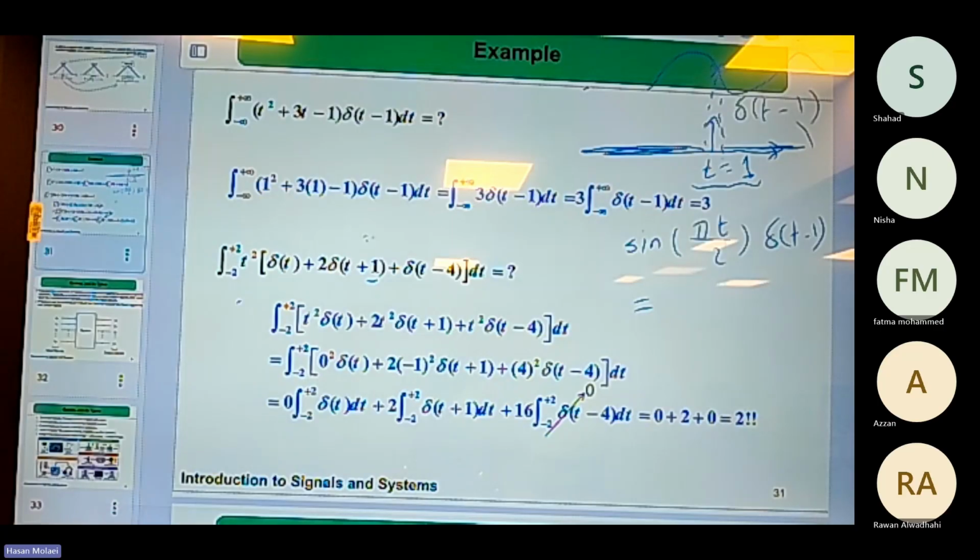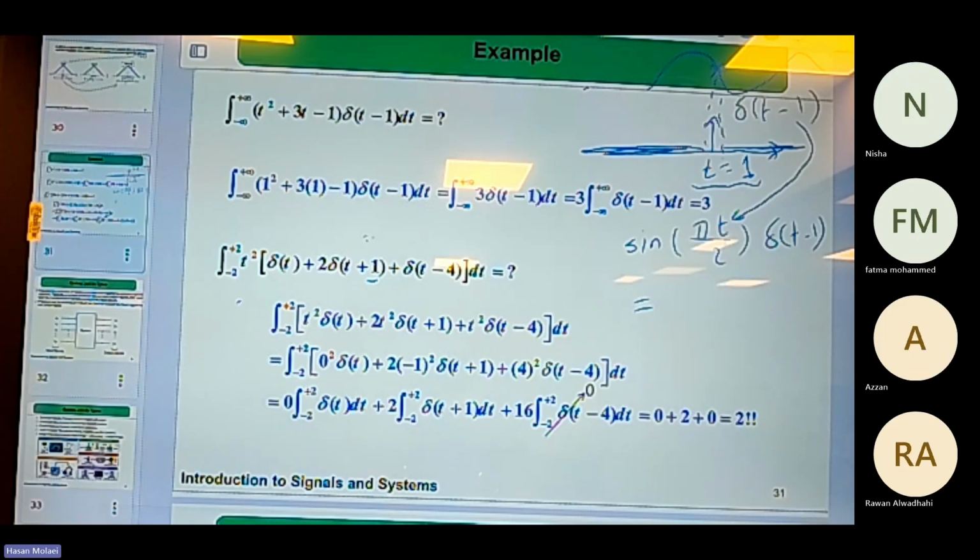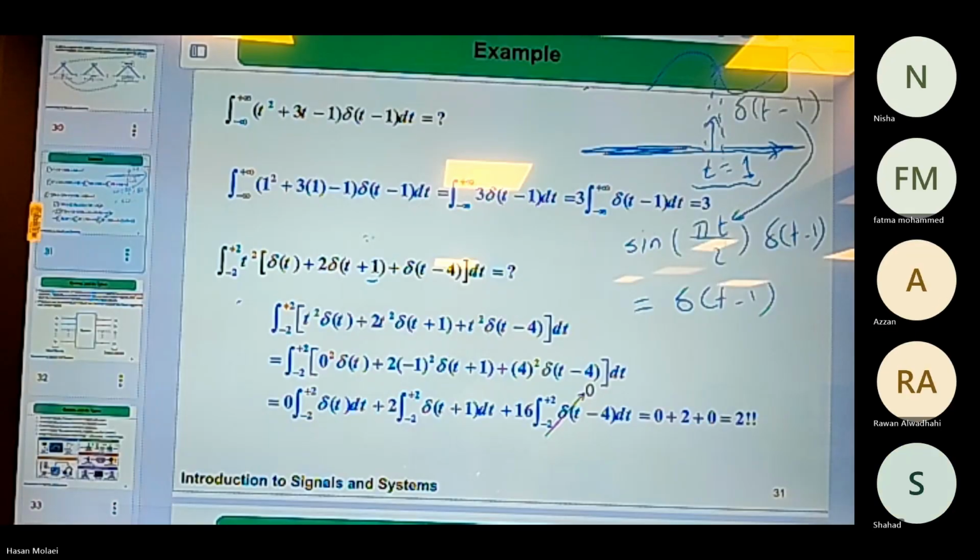I just need to replace t by 1. Sine of pi over 2 is 1, so the result is delta(t - 1). If we had sine of pi t, how much is sine of pi? Yeah, 0.